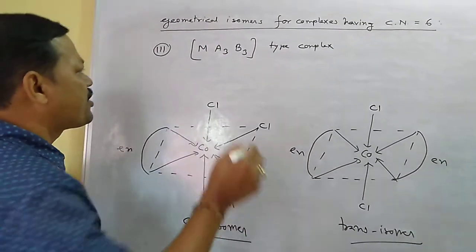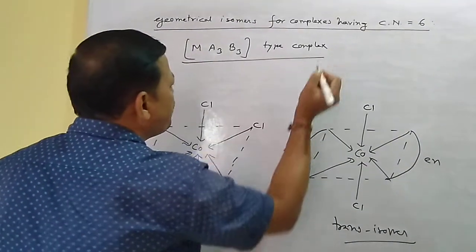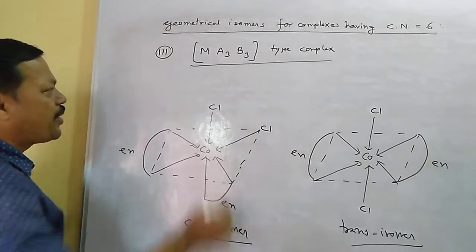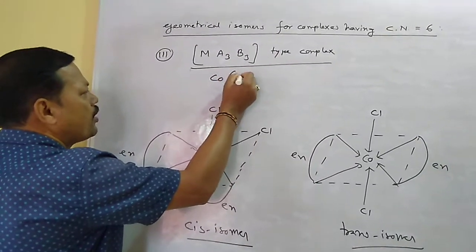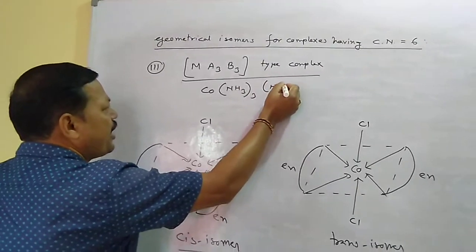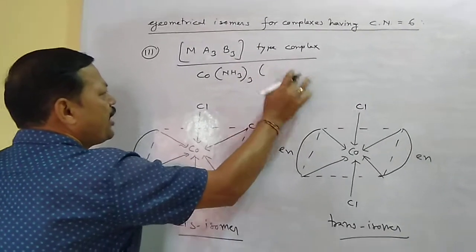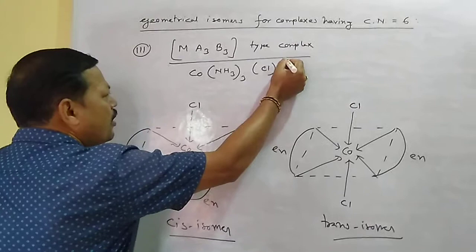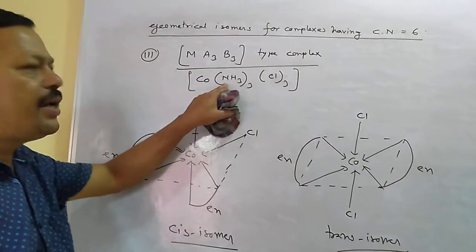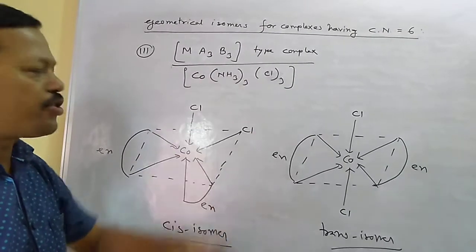Total number of bonds is 6, that's why coordination number 6. If you want to write an example, you can write cobalt(III) with 3 ammonia ligands, monodentate, and 3 water ligands or 3 chlorine ligands, also monodentate. Its name will be triammine trichlorido cobalt(III).